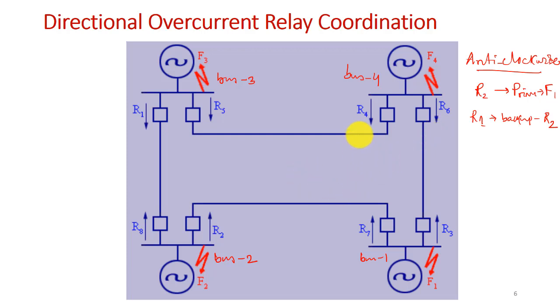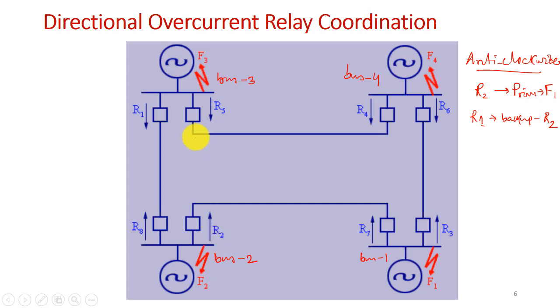This is in anti-clockwise. Then similarly for clockwise, for fault F1, R6 will act as primary protection, and to R6, R5 will act as the backup protection. Similarly for fault F4 at bus 4, R5 will act as the primary protection, and to R5, R8 will act as the backup protection.